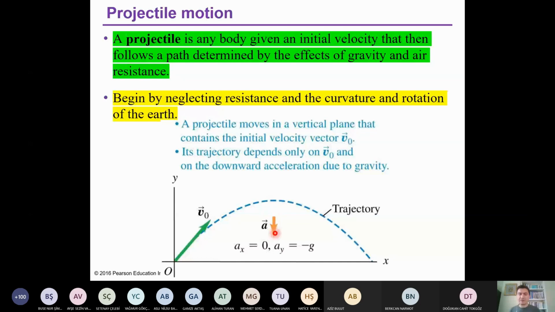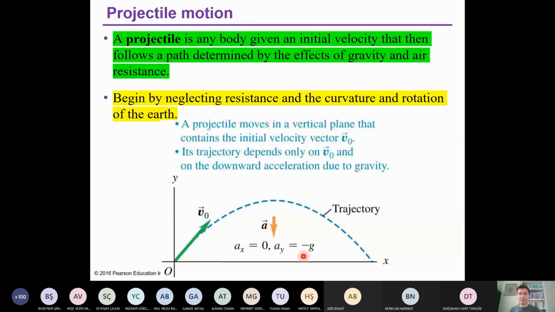So for this reason, we choose ay is negative g. And what about ax? Do we have any acceleration along the x-axis? No, we have just initial velocity and we have no acceleration along the x-axis. But along the y-axis, this particle will always feel a negative g.